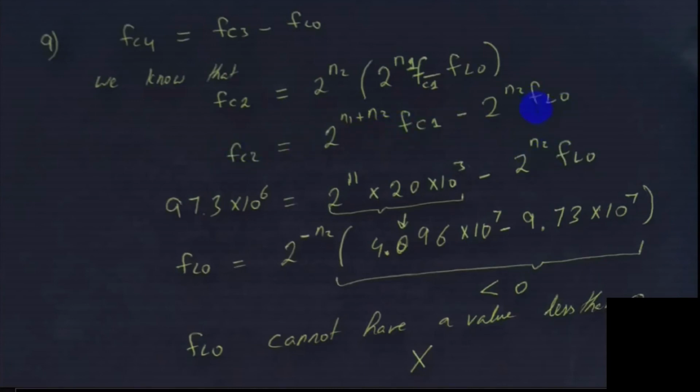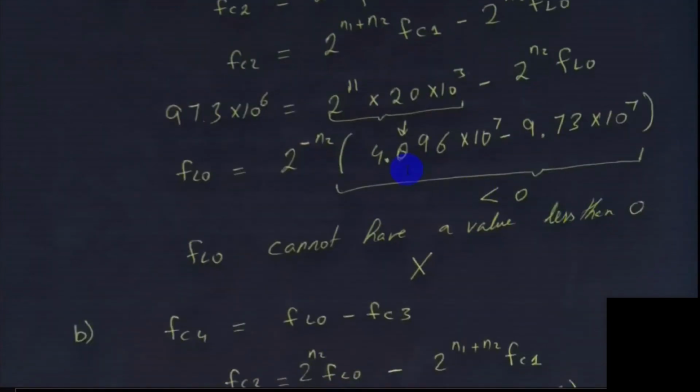From here, we can extract the frequency of the local oscillator, which I have done over here. That is FLO, equal to 2 raised to power minus N2. If you solve these expressions, N2 will go on the other side and you get minus N2. Then this whole thing converges to 4.096 times 10 raised to power 7, and then you subtract FC2 from it, that is 9.73 times 10 raised to power 7.